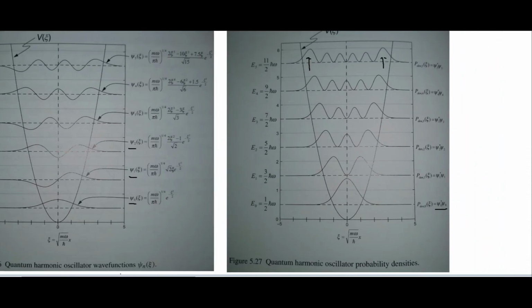I talked about that in a previous video. If you remember, our differential equation was of the form where we had the second derivative equal to something like this, our epsilon plus our x.